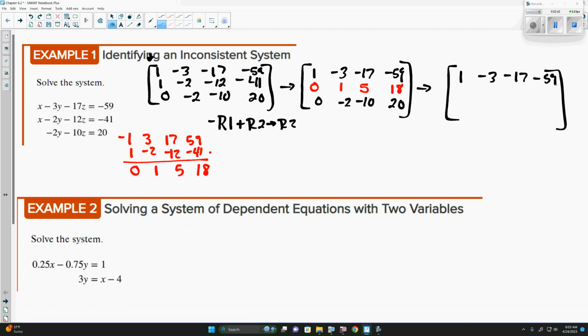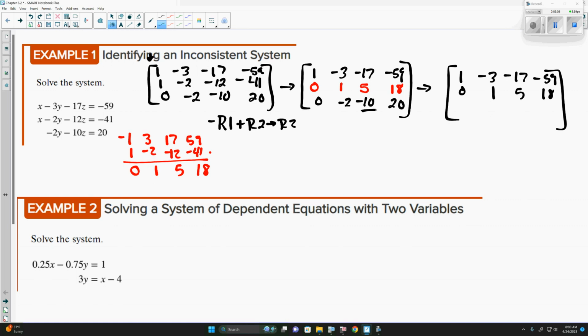The first row is fine because we do have a starting 1. The second row is now fine because we do have 0, 1. However, in the third row, we need that -2 to be a 0. And hopefully we'll eventually get the third number in that row, currently -10, to be a 1.